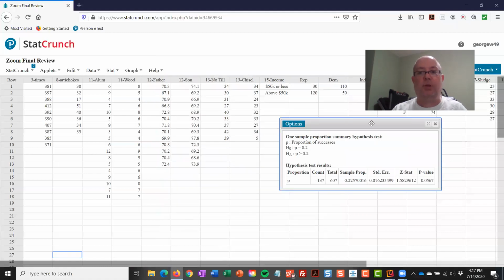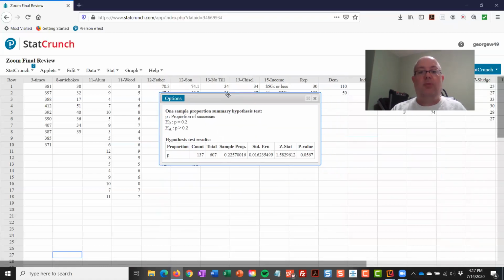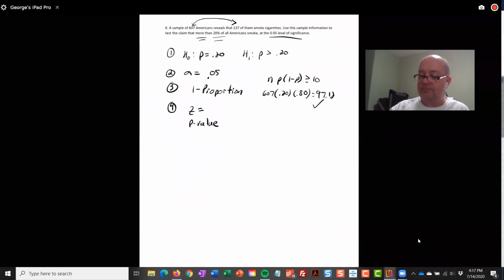Compute. And we get a Z statistic of 1.58 with a p-value of 0.0567, which is slightly greater than the level of significance. So again, in this example, fail to reject H0.